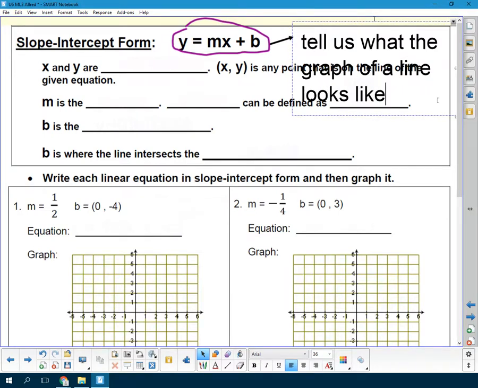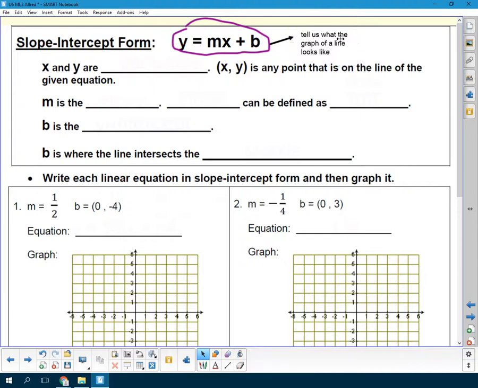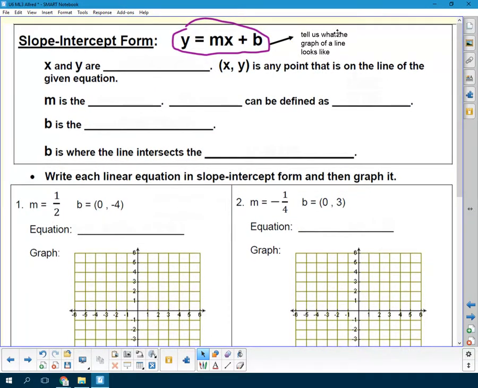I think that after you've looked at some of these notes today, you might understand what I'm talking about. This equation will tell us what the graph of a line looks like, and here is the reason.